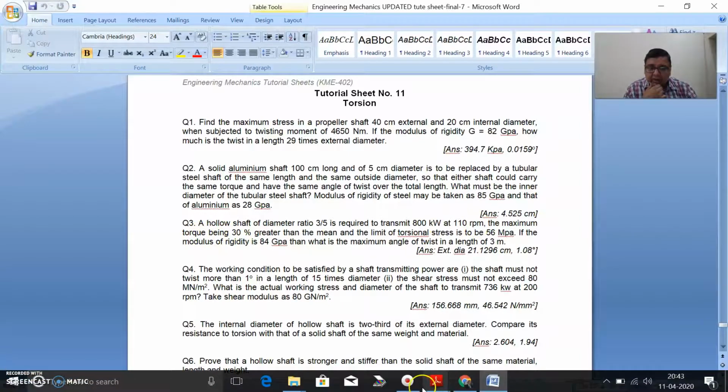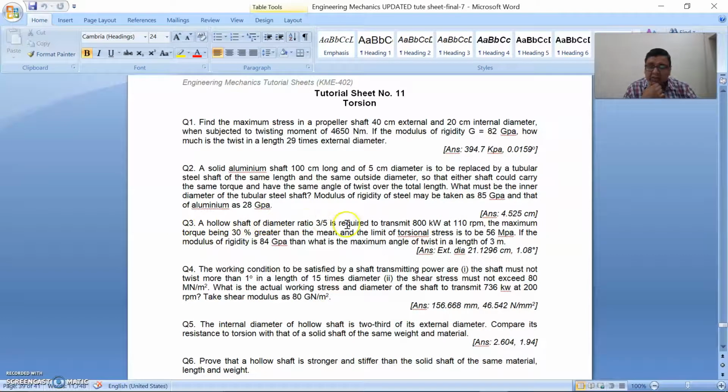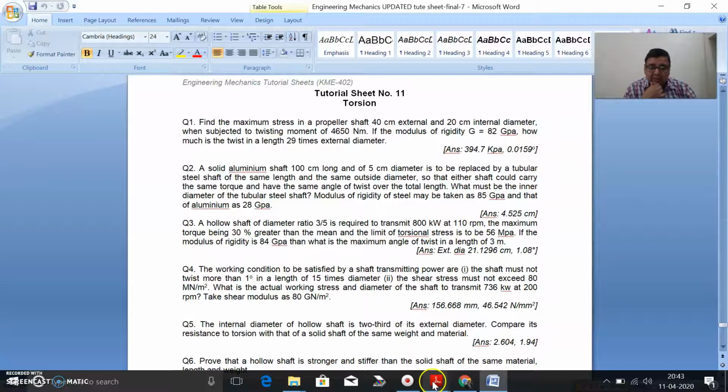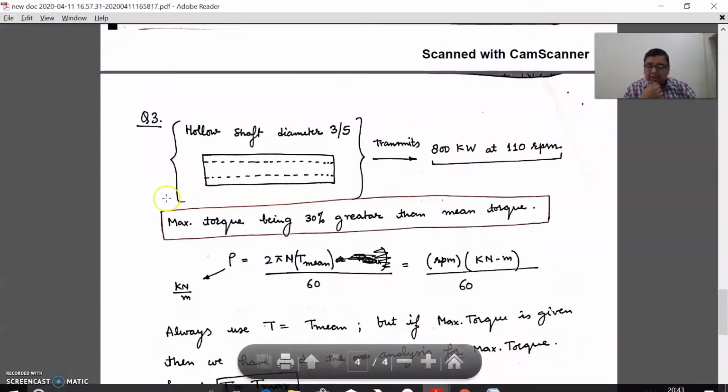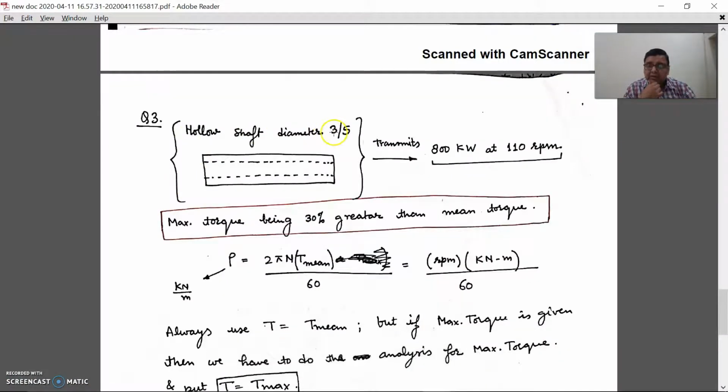A hollow shaft of diameter ratio 3 by 5, where 3 is the internal diameter and 5 is the external diameter. This shaft can transmit 800 kilowatt at 110 rpm, right?